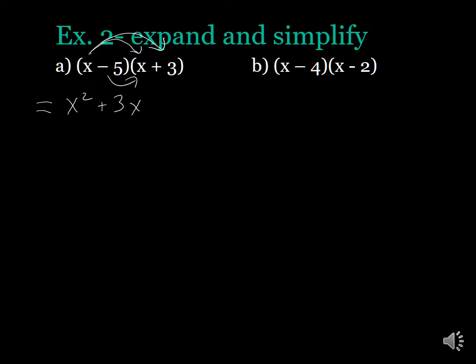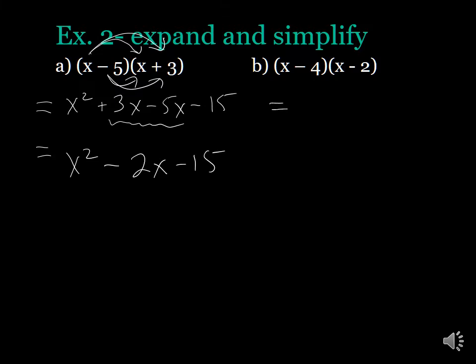Inside, negative 5 times x, negative 5x. Last, negative 5 times 3, negative 15. And then collect like terms. And as long as it's set up this way, 95% of the time your like terms are going to be in the middle. So x squared, and then 3x minus 5x gives you negative 2x, minus 15.